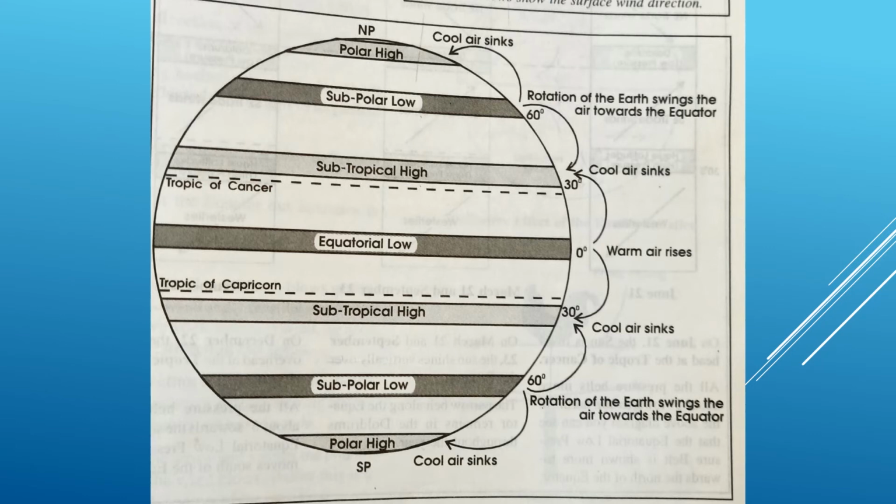Now I'll explain to you the reason for the formation of the subtropical high pressure belt. As you can see in this diagram, at the equator, because of the high temperature, the air gets heated and starts rising and moving polewards.